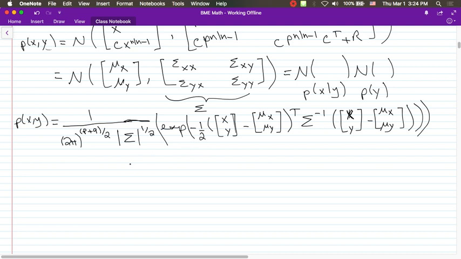I didn't do anything special. In my normal distribution, I just happen to have a vector, xy. Here's what the vector looks like. It has a mean, mu x, mu y.